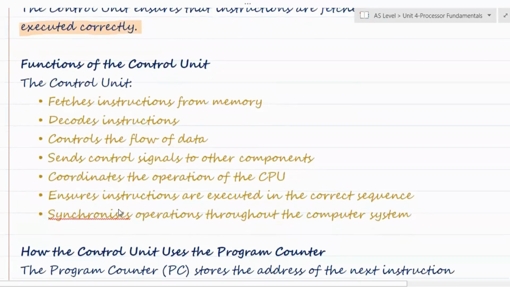Its functions include: it fetches instructions from memory, decodes instructions, controls the flow of data, sends control signals to other components, coordinates the operations of the CPU, ensures instructions are executed in the correct sequence, and synchronizes operations.